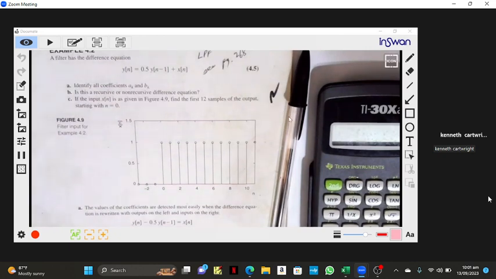We have the input shown in figure 4.9. We said that the input is a unit step function, and the question becomes, what is the output y of n? And we derived 3 or 4 values.